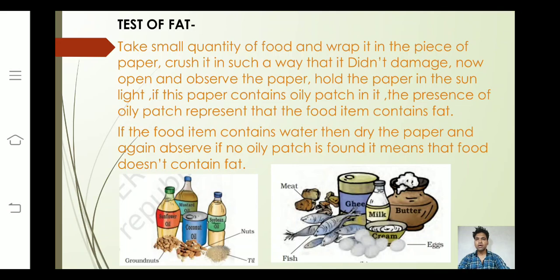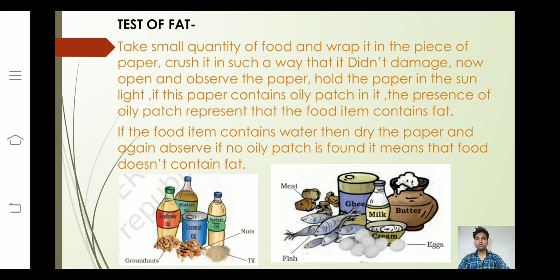Friends, crush carefully so that the paper is not damaged. Now open the paper and observe it. Hold the paper in the sunlight. If the paper has an oily patch, then we can say that the particular food item contains fat.